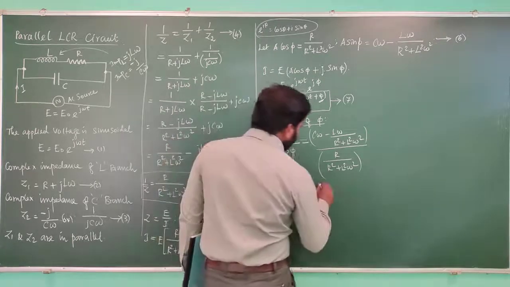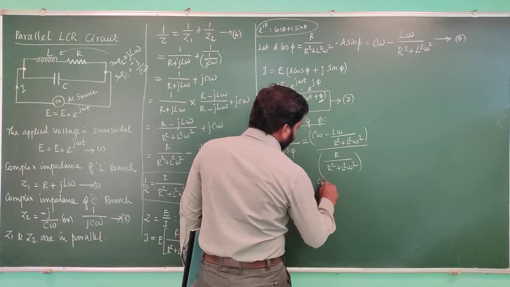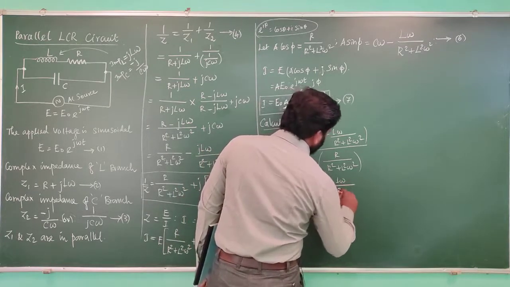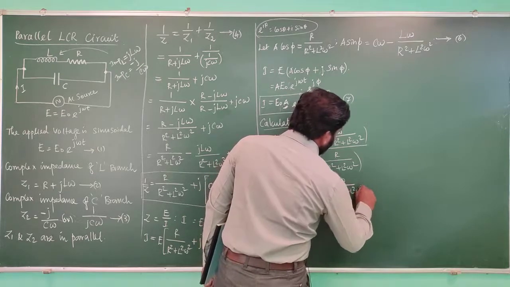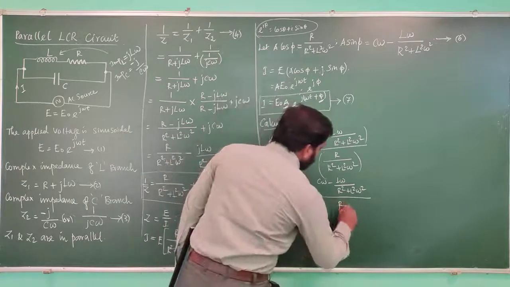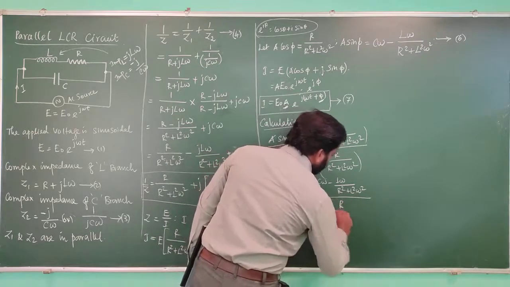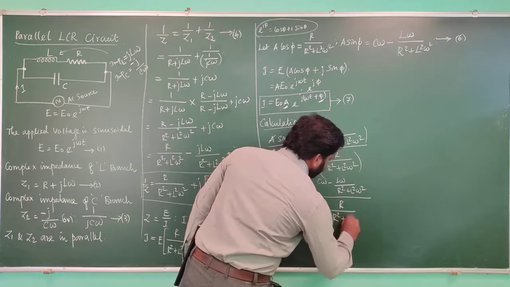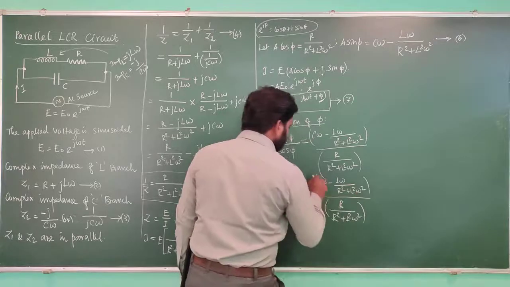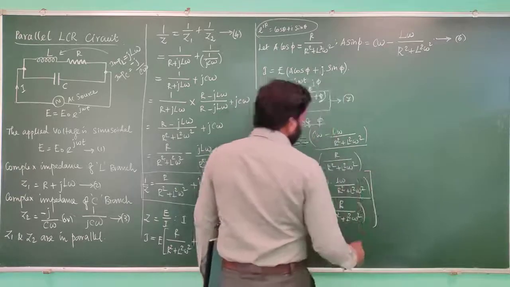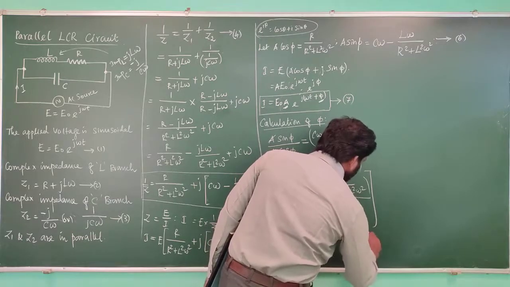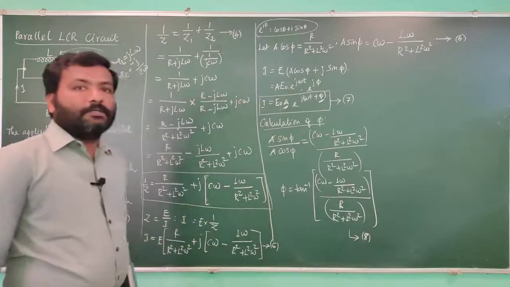So phi is tan inverse of the entire term, (C omega minus L omega by R square plus L square omega square) divided by (R by R square plus L square omega square). So this is equation 8.